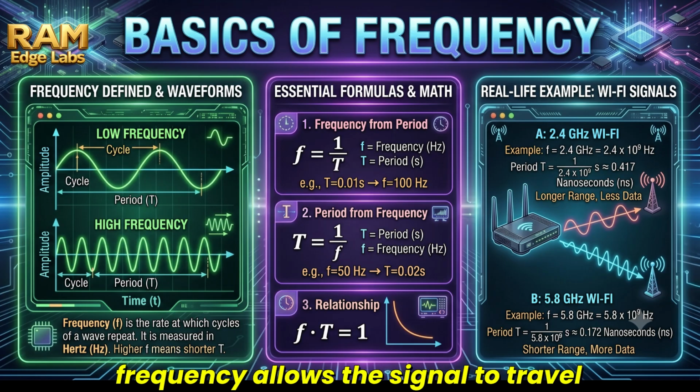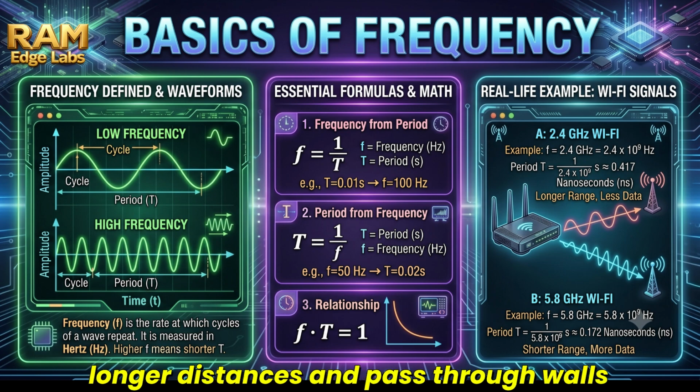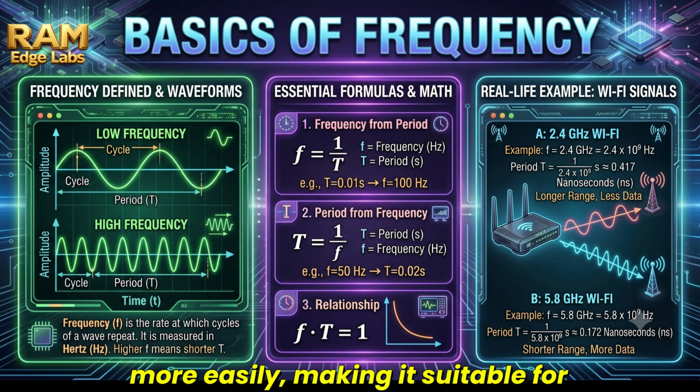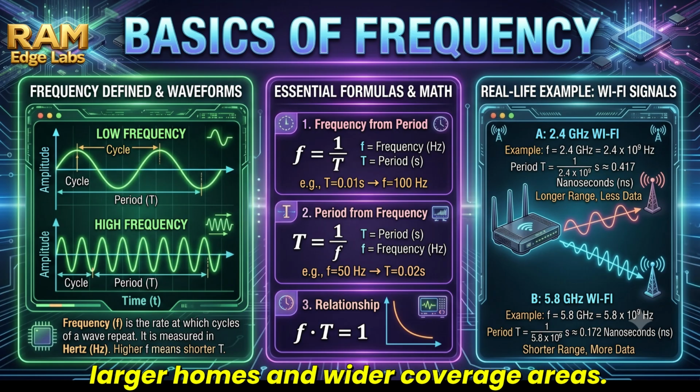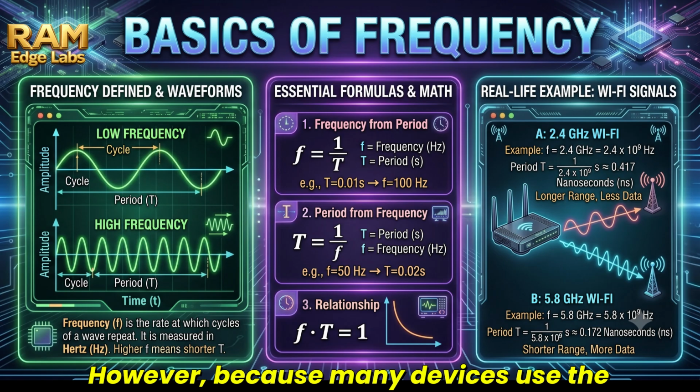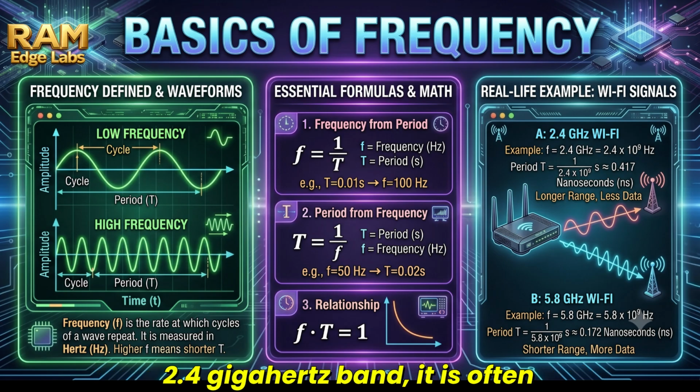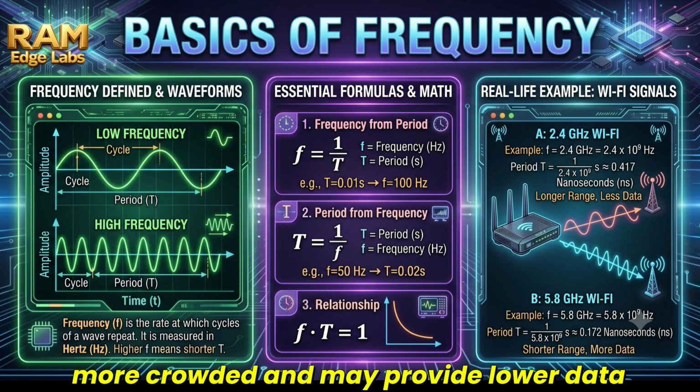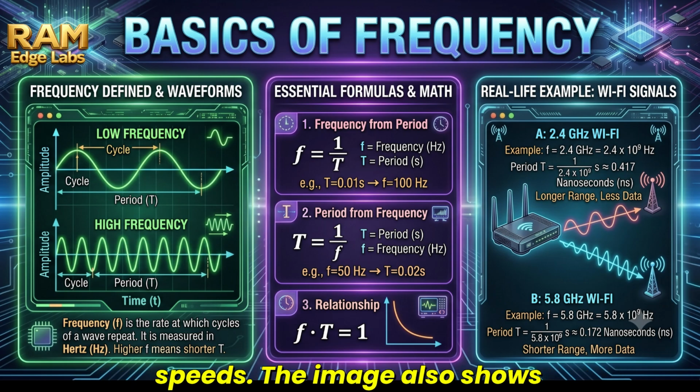This lower frequency allows the signal to travel longer distances and pass through walls more easily, making it suitable for larger homes and wider coverage areas. However, because many devices use the 2.4 GHz band, it is often more crowded and may provide lower data speeds.